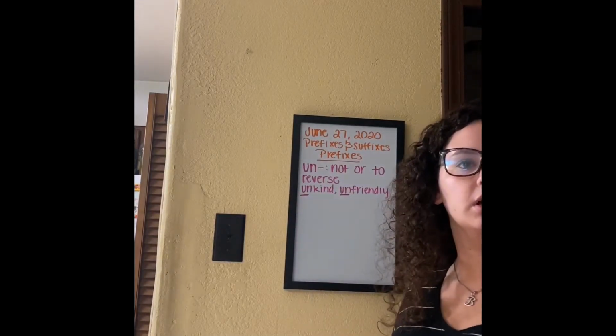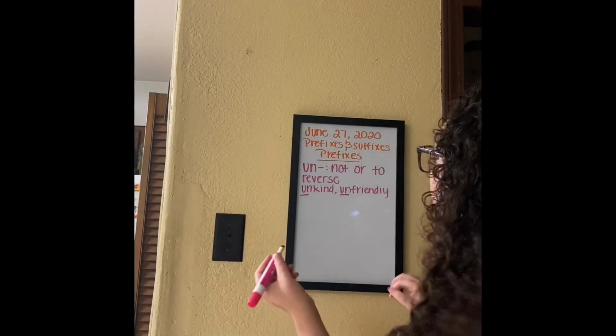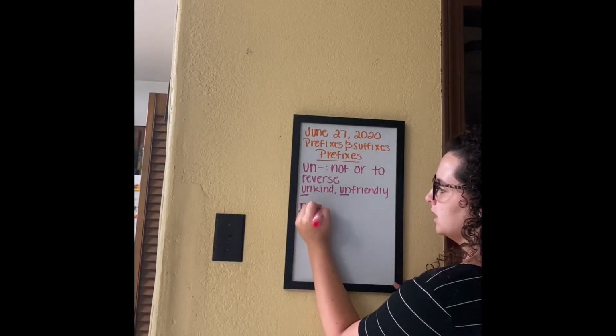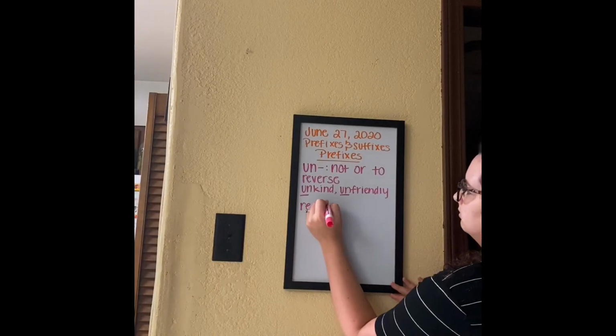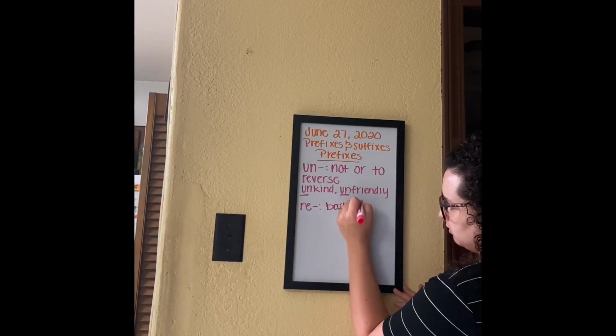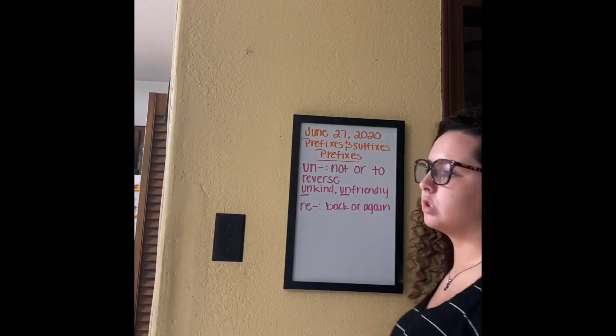The next one we're going to learn is re. R-E. This means back or again. So before we have a big test, right, we look back on all the information that we learned. We use our thinking caps.